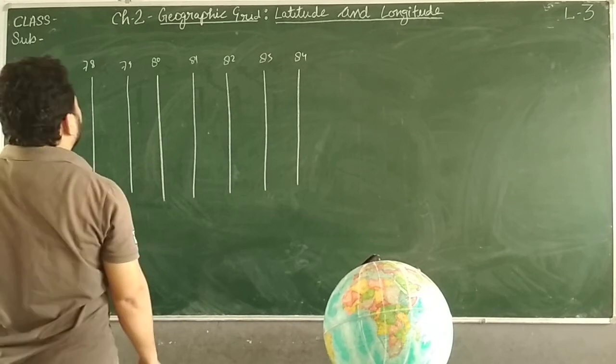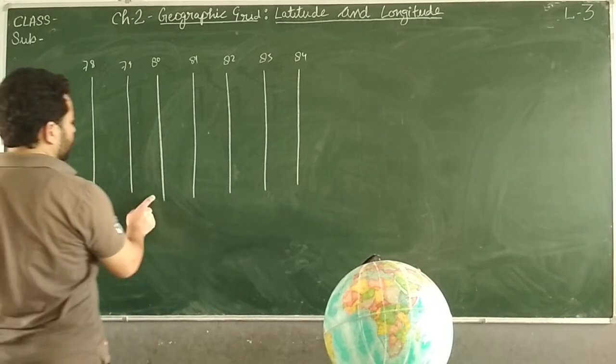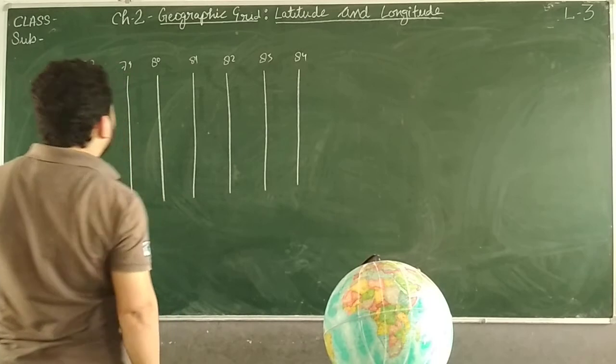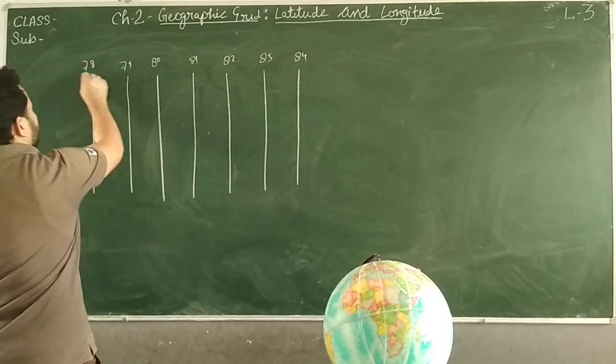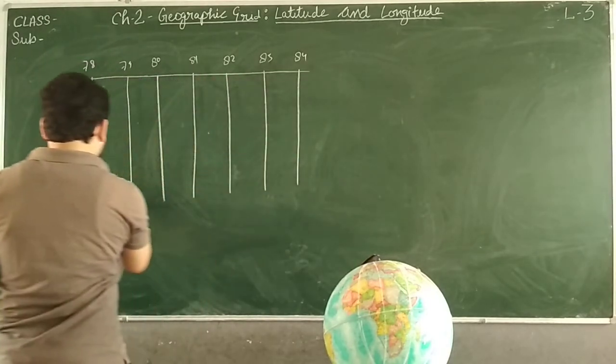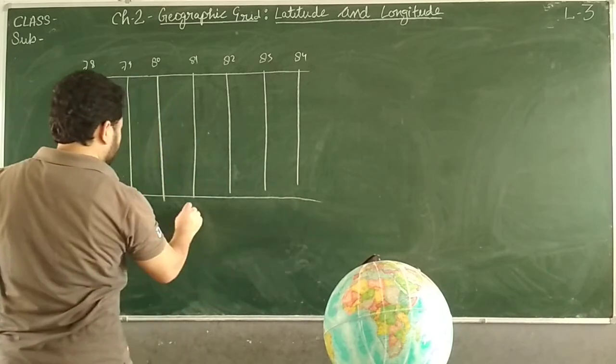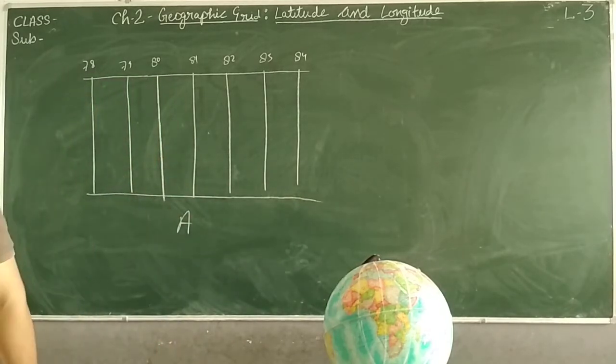Like this we can draw. Suppose this is one country, named A. This is the country A.